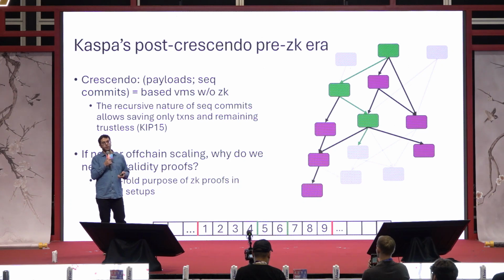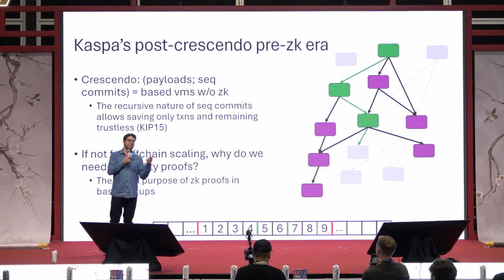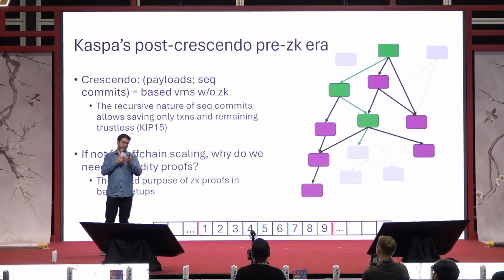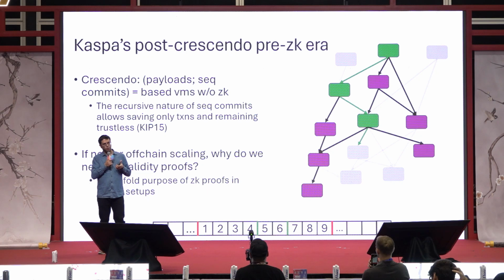For instance, one usage of it is that new nodes can sync using these state commitments. They would not need to sync full history. So the bullet at the top, where we're saving only transactions, would maybe be needed, but for new nodes on the L2, you would only need to sync from a recent state commitment which was proven to L1, and you can get the full state of the L2, see that it matches, and start executing only recently without any trust. So zero knowledge proofs improve that aspect.